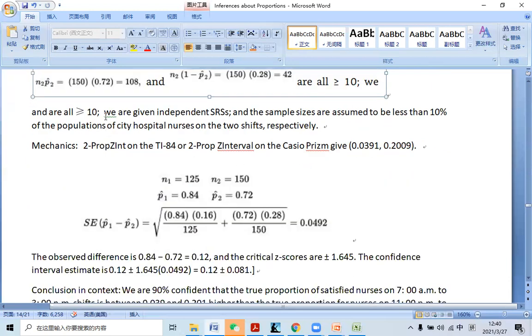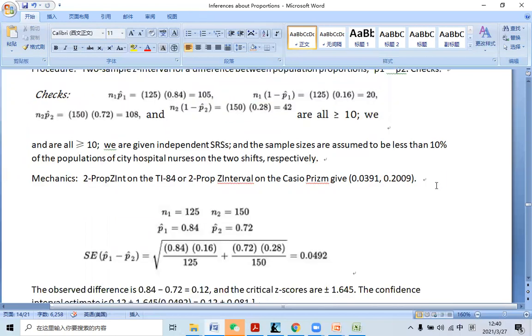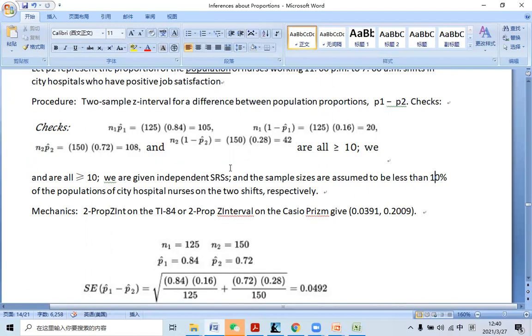That sounds good. And you also want to make sure that your sample size is smaller than 10% of the population. Now, it is reasonable to assume that your samples are 10% or less than the population.